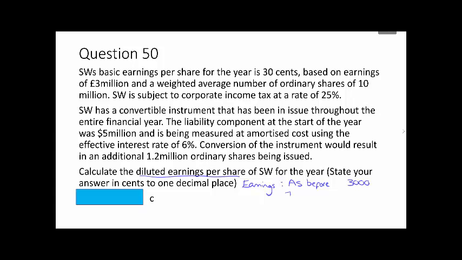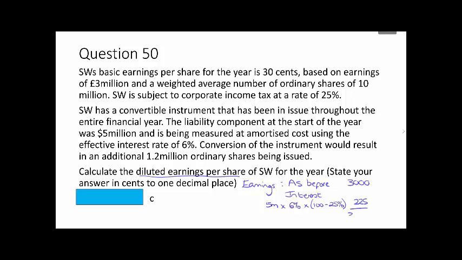What we need to do is add back the interest which would be saved as a result of the conversion of these instruments. So on $5 million at a rate of 6%, we could calculate the interest that would be payable. But remember that with a tax rate of 25%, the overall effect on earnings would actually be just 75% of that figure.